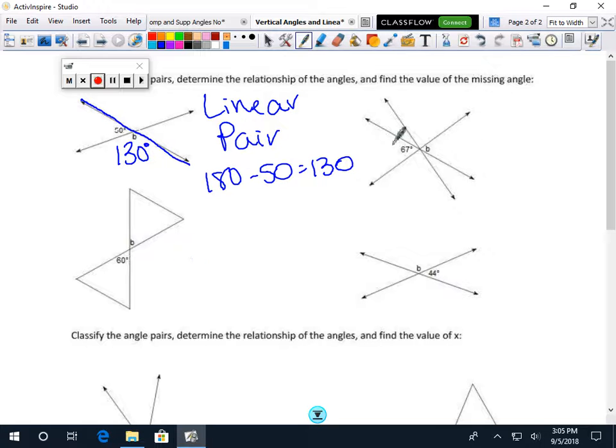For the second example here, I have these two lines that intersect and the angles are on opposite sides. Don't worry about this third line here. It means nothing to me. Since these are on opposite sides, they're vertical angles.